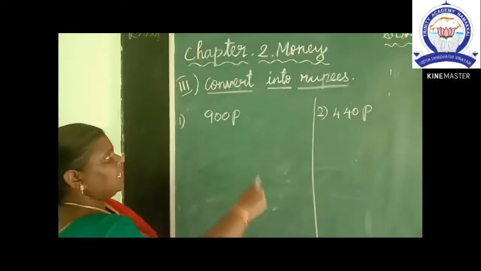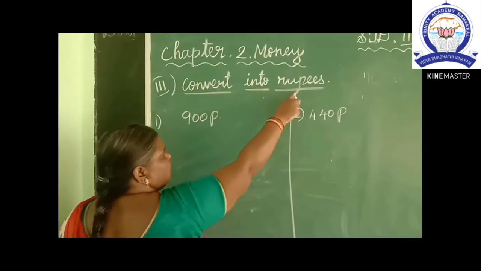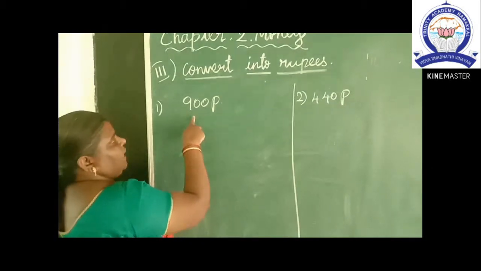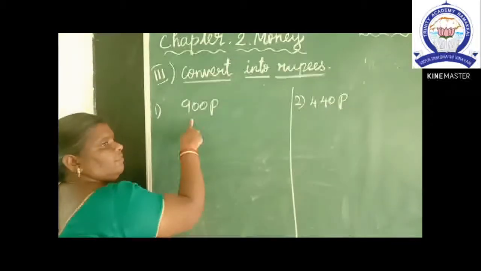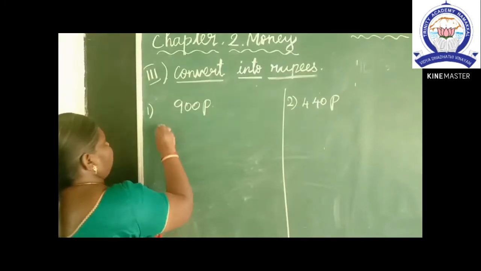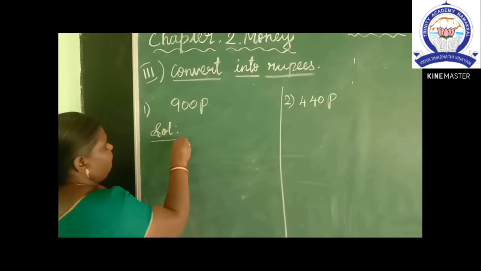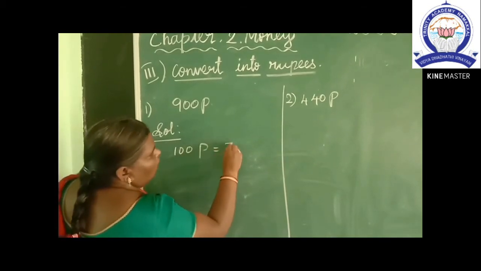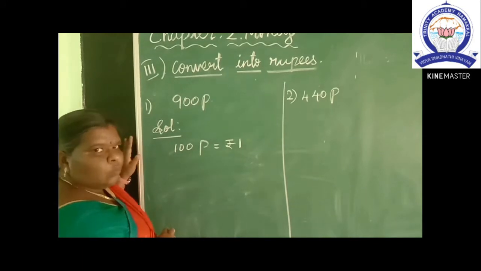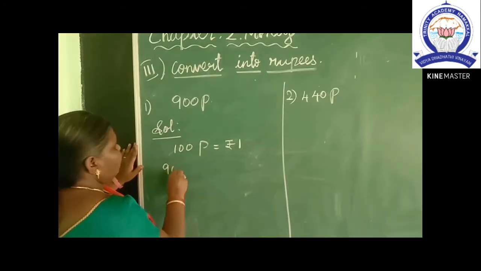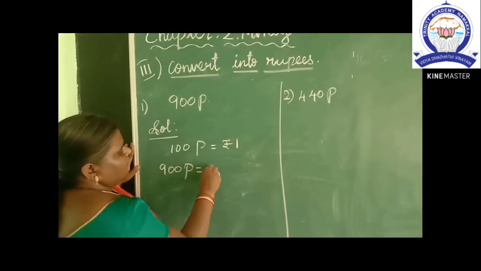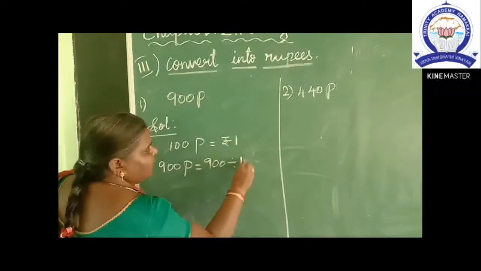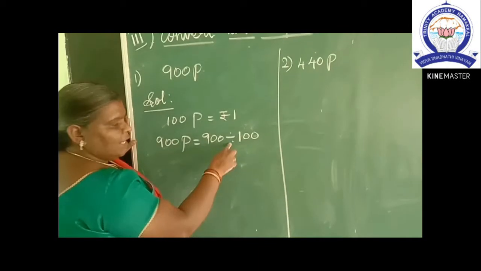See the third Roman children, convert into rupees. For sum 900 paise. They gave paise, we convert into rupees. First you write 100 paise equal to 1 rupee. 900 paise equal to 900 divided by 100.